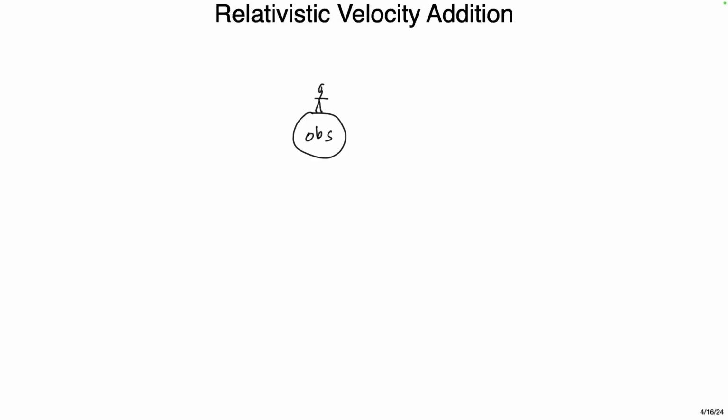There's some sort of observer, typically sitting on a planet or something like that, that is measuring the speed that one object is going and the speed that another object is going. And even though I've done them with the velocities pointing towards each other, this works for any direction as long as we're careful with our sign. But the general setup is you have an observer and you have two other objects that the observer is looking at. The observer is measuring these speeds.